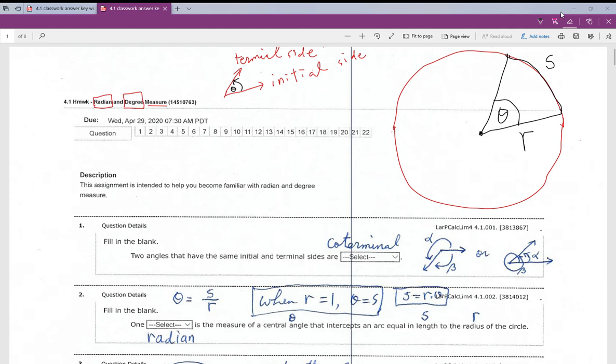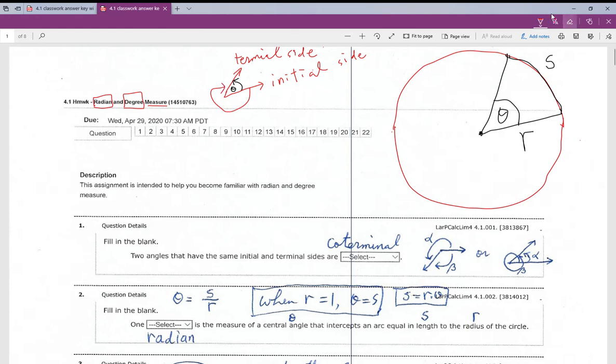Now, if an angle starts from the same initial side and goes to the same terminal side, are you sure there's only one angle like that? It looks like there's only one angle, but actually you may go this direction, right?